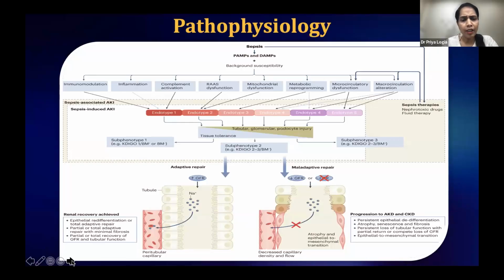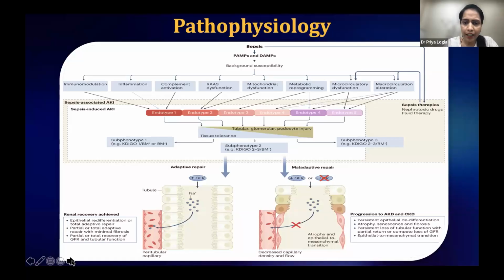It can be immunomodulation, inflammation, complement activation, RAS dysfunction, mitochondrial dysfunction, metabolic reprogramming, microcirculatory or macrocirculatory alteration. Understanding these mechanisms, we can subtype them into subphenotypes or endotypes, which will be very helpful in understanding the sepsis and the AKI trajectories and will aid in targeted management.